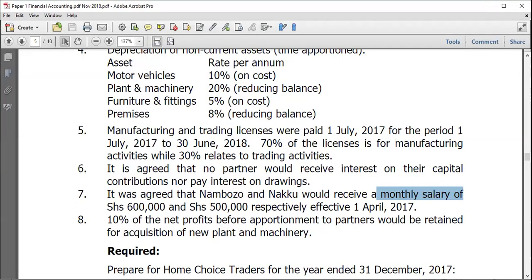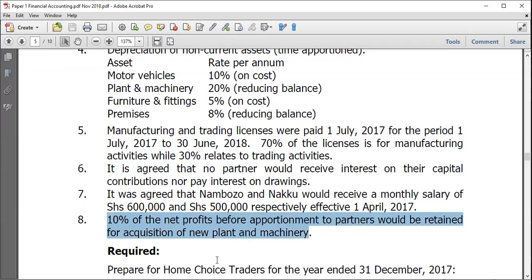Now the next part of our appropriation is to include a comment that the examiner gave when it came to the last statement. There is a last statement here which says that 10% of the net profits before apportionment partners would be retained for acquisition of new plant and machinery.